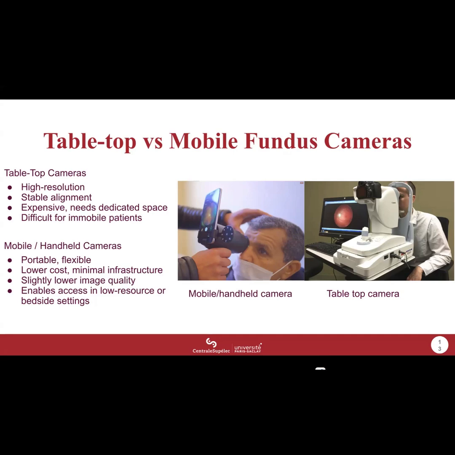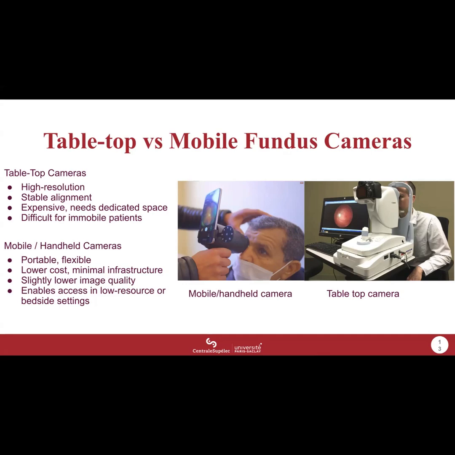In the bigger hospitals, we have a lot of resources and you can get any type of imaging that you want. But if you go to rural areas, it's a different thing. I'm pretty sure that this also happens here in Europe: if you go to certain specific rural areas, you will not have a lot of resources and they will have a small clinic. So in those cases, maybe it's harder to have a tabletop camera.